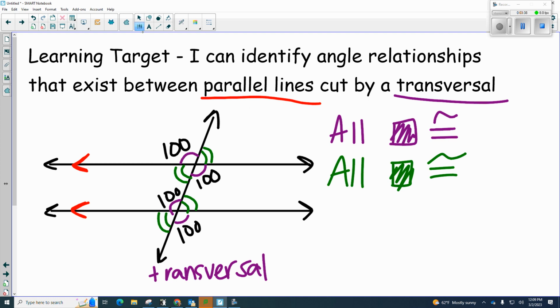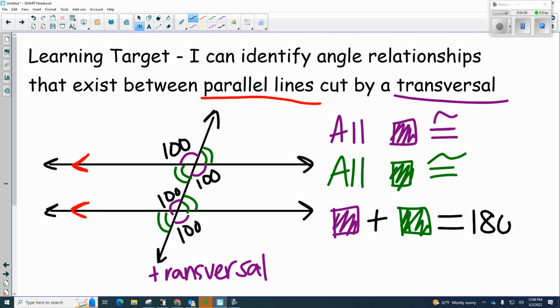So let's put that into our notes here as well. If we have one purple angle and one green angle, we know that they are going to add up to 180 degrees.